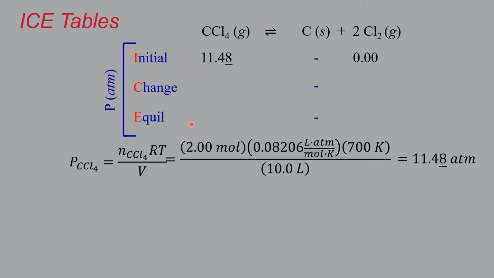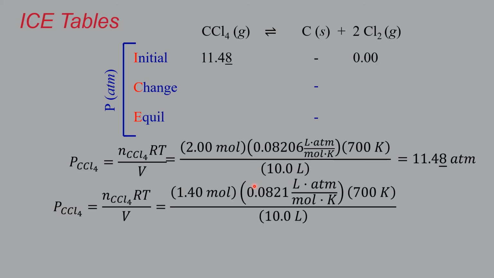And the other thing that I told you was the equilibrium amount of it. So we're going to calculate the equilibrium pressure exactly the same way. We had 1.4 moles, and if you plug in the rest of this, that corresponds to an equilibrium pressure of 8.04 atmospheres. I'll put that there.